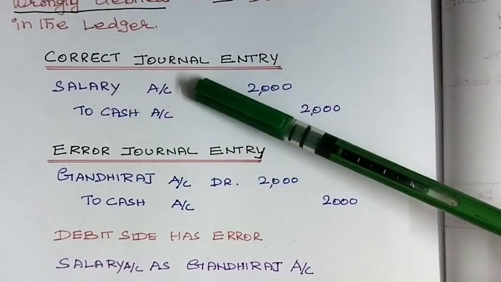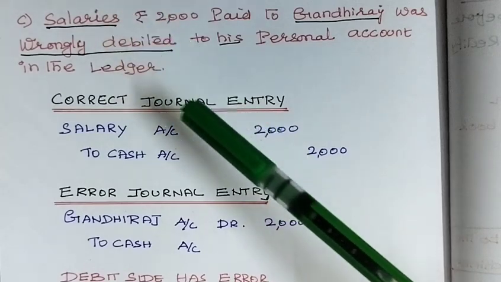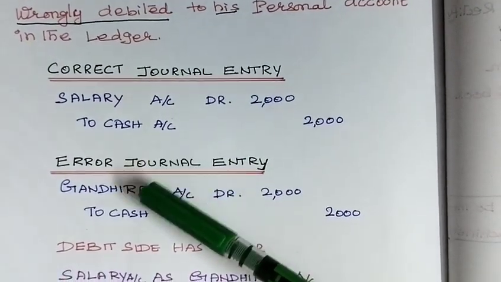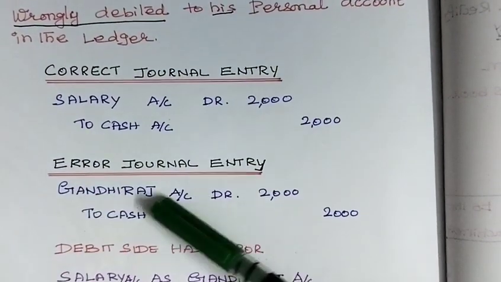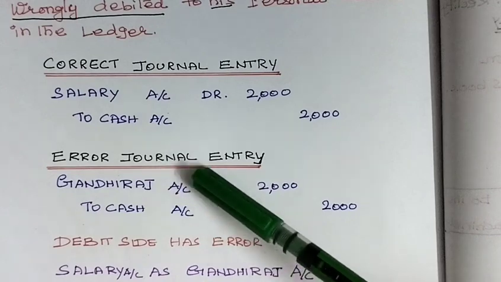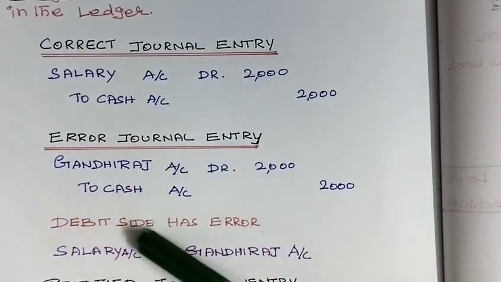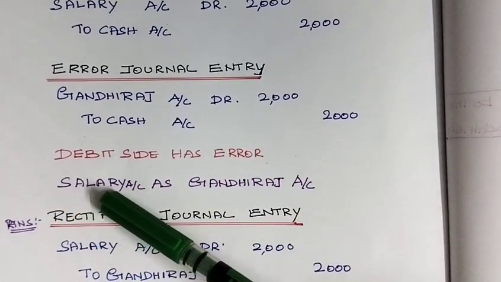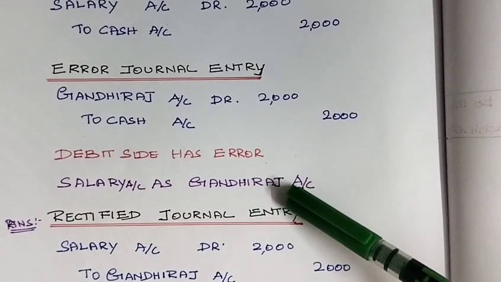Salary account debit is the correct entry, because you paid salary, so the salary account is debited. They wrongly posted the Gandhiraj account, so Gandhiraj account debited is the error. We identified the error: the debit side has the error. Instead of the salary account, they wrongly posted the Gandhiraj account.